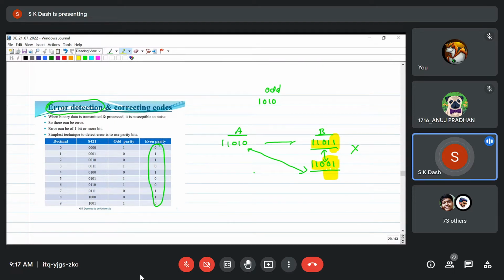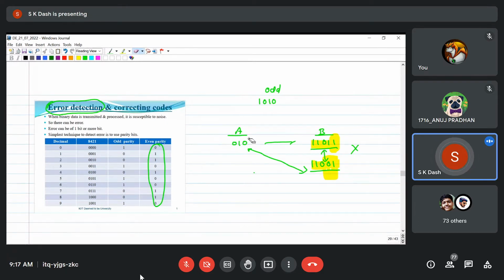If more than 1 bit error takes place, it will not be able to find it. These are simple systems, applicable only for 1-bit error. But here we are not able to correct the codes because we cannot find the position in which the error is there.